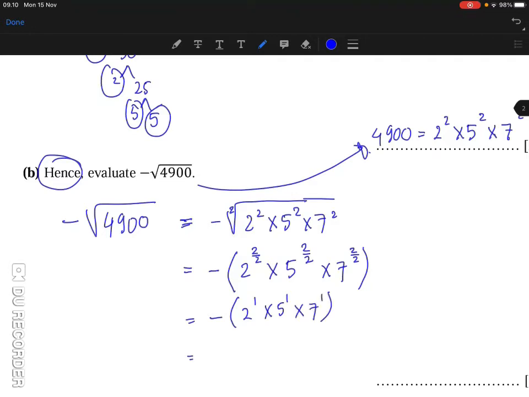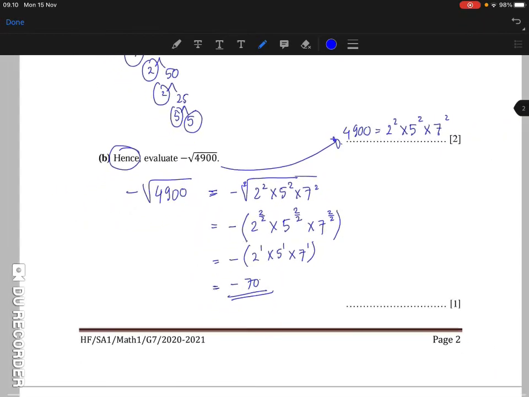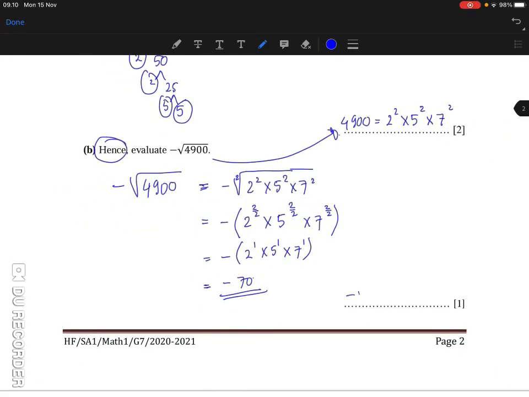So you only need to do the common multiplication, guys. 2 multiply 5 multiply 7, so you will have negative 70. Finish. So negative square root of 4900 is going to be the same thing as negative 70.